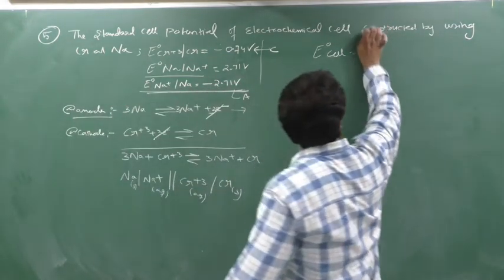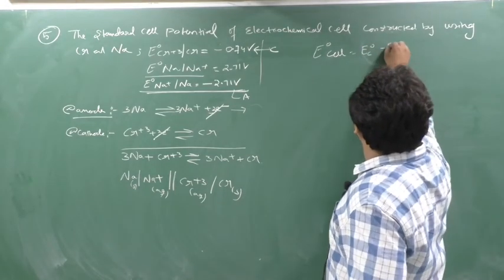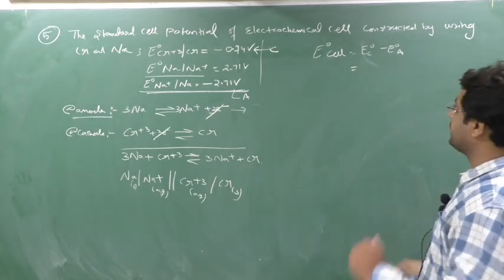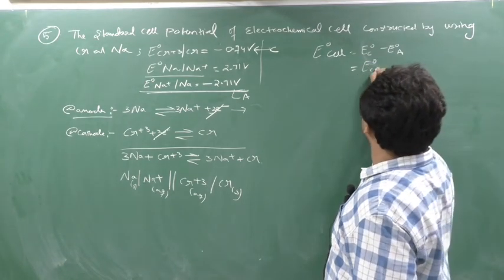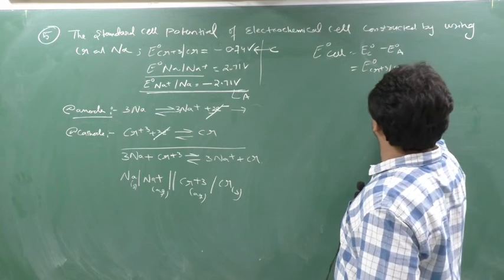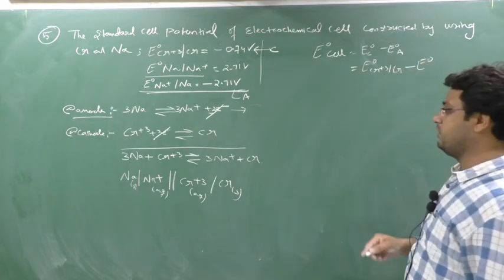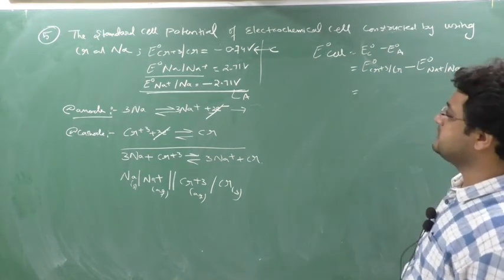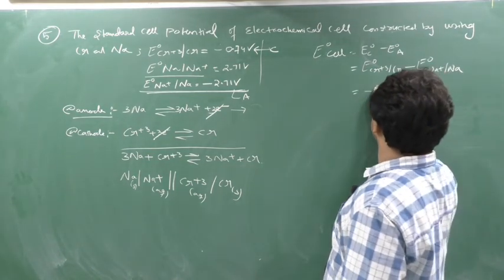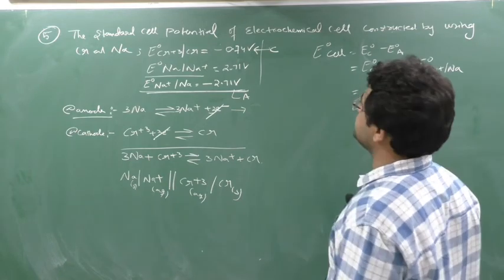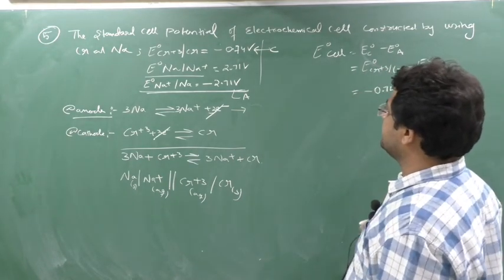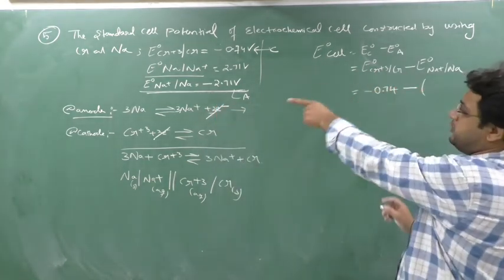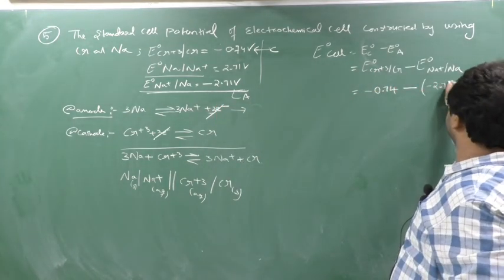Chalo. Cell representation, symbolic representation done. We'll calculate E naught cell. So E cathode minus E anode. At cathode we have chromium, so E0 Cr plus 3 slash Cr. At anode we have sodium, E0 Na plus slash Na. So E0 Cr plus 3 slash Cr is minus 0.74, minus E0 Na plus slash Na. Now you should take the reduction potential value, so minus bracket minus 2.71 volt.